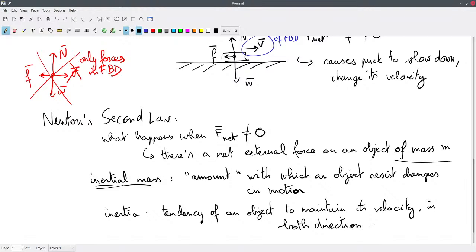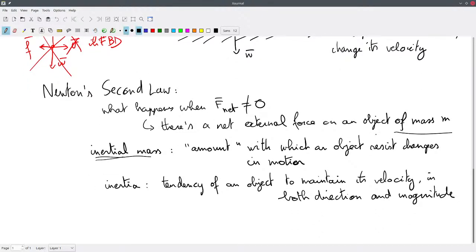It's a vector quantity. We'll come back to an example of inertia. So if we talk about inertia, that gives us inertial mass, which is the amount to which an object resists changes in its motion.